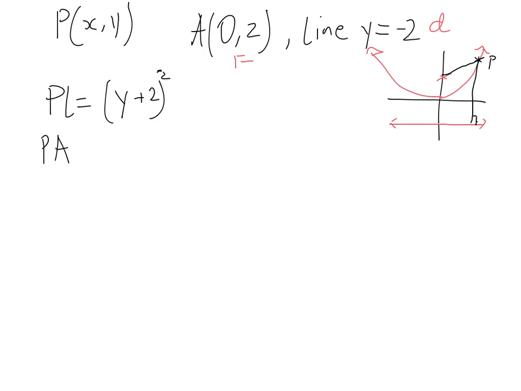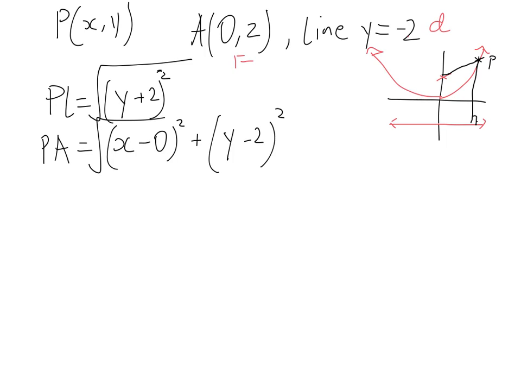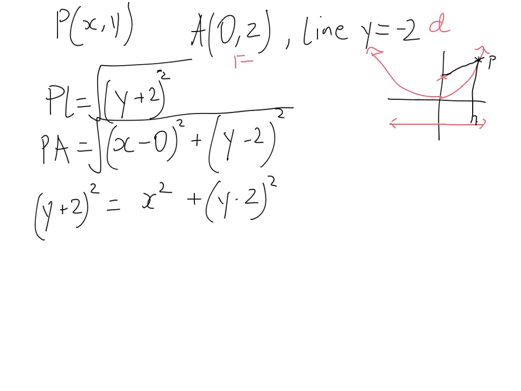Well, this time we've actually got to use our distance formula, so it'll be x minus 0 squared plus y minus 2 all squared. And of course those are both square rooted, but we know we're going to square them because the square of the distance will be equal, so what we'll end up with is y plus 2 all squared equals x minus 0 squared, which is just x squared, plus y minus 2 all squared.